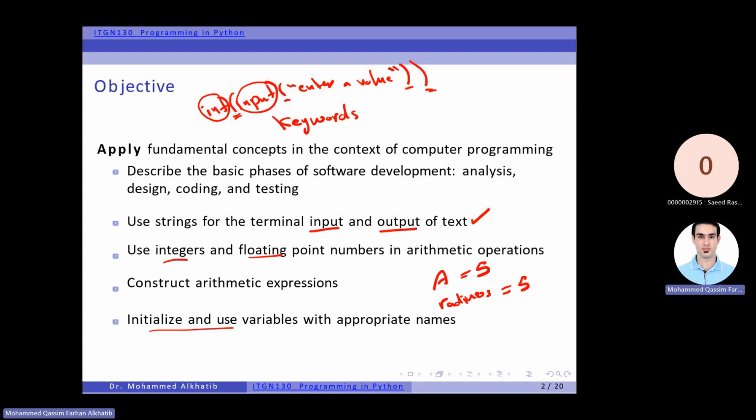So you cannot later on say that int equals 10. If you do that, some compilers will create an error saying this is a keyword and you cannot use it to assign or save variables. Some compilers might let it go.